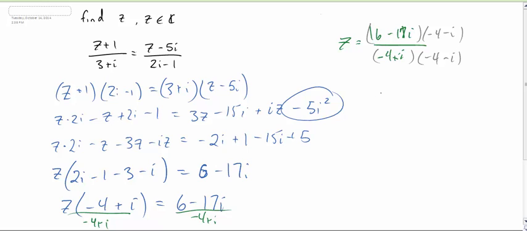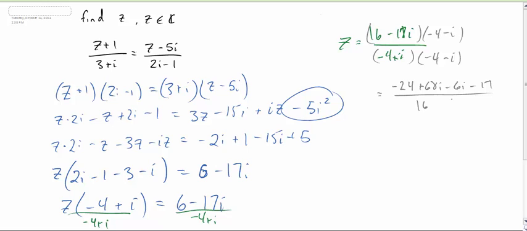And what we end up with in the numerator is negative 24 plus 68i minus 6i, and then it would be plus 17i squared, but i squared is negative 1, so this last term is minus 17. In the denominator, we have 16 minus i squared.